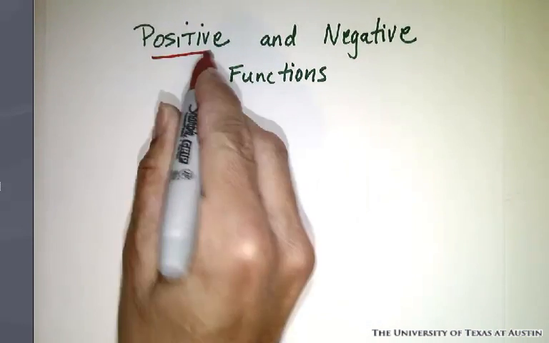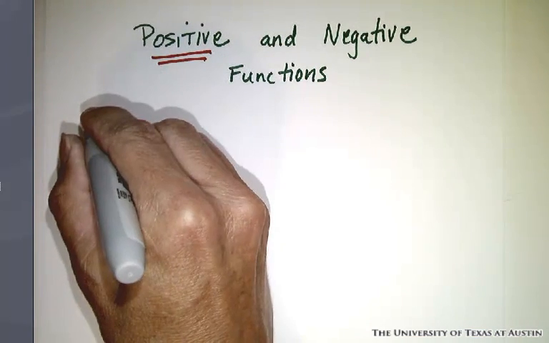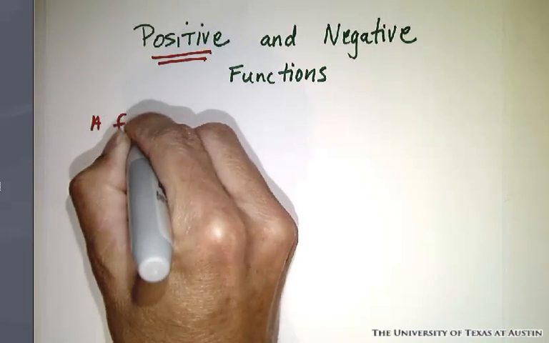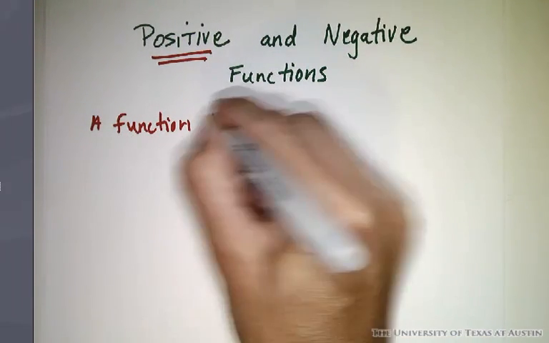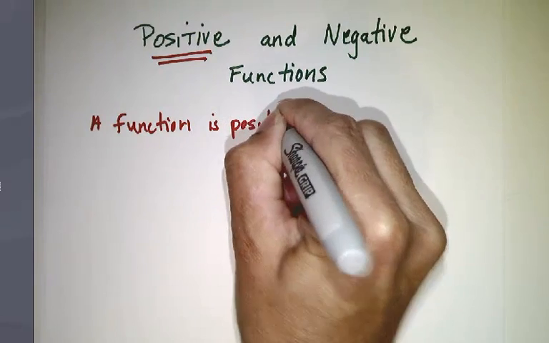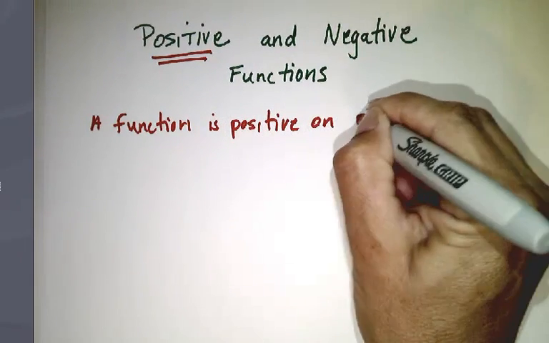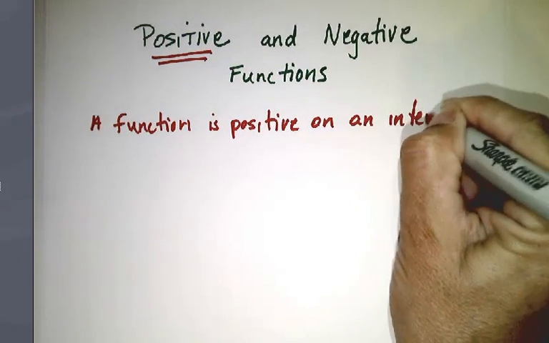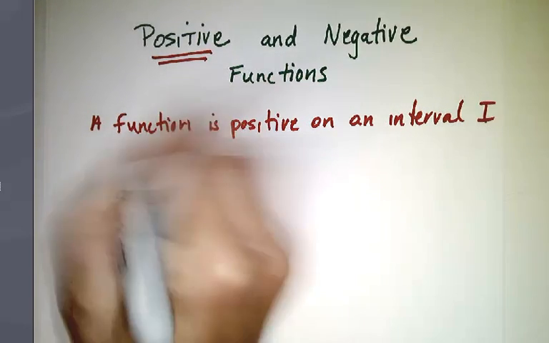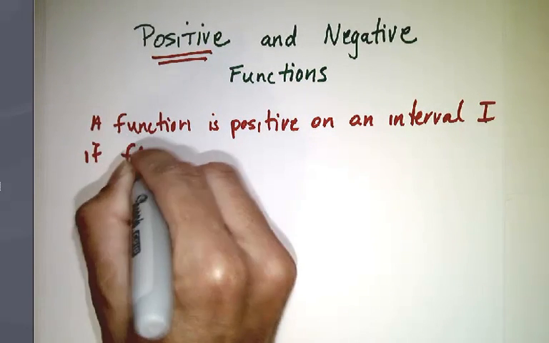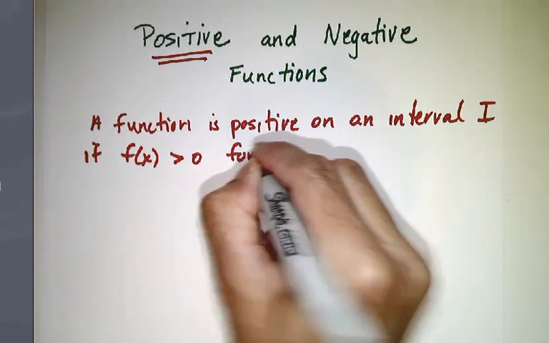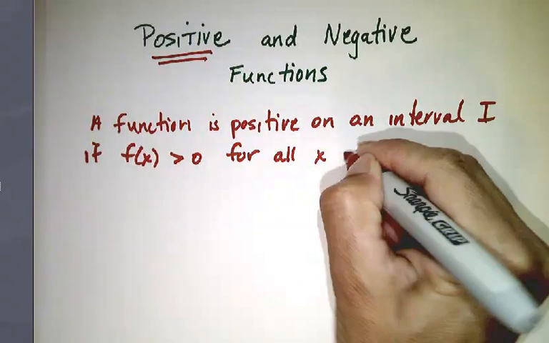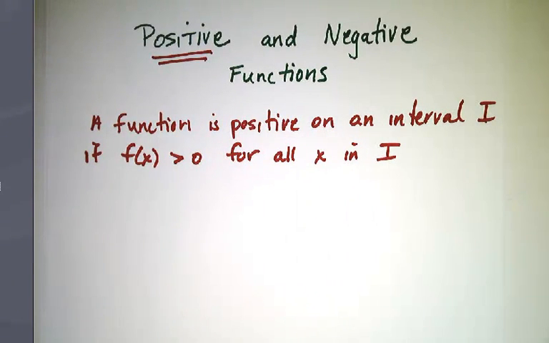First, let's start with positive. A function is positive on an interval I if f of x is greater than 0 for all x in that interval.